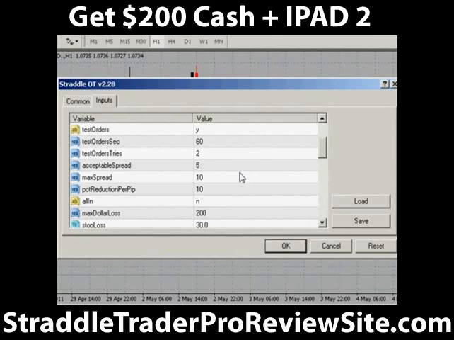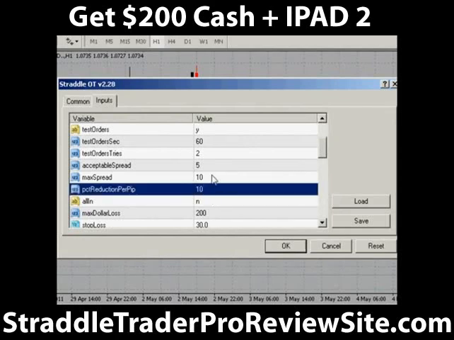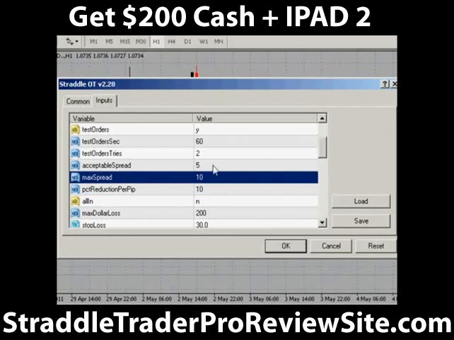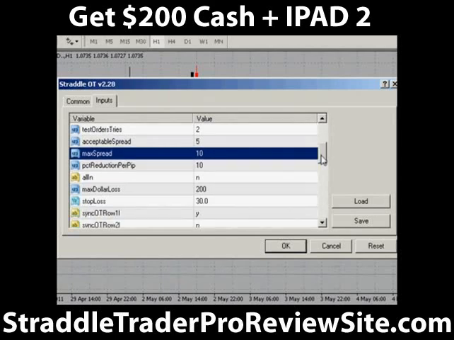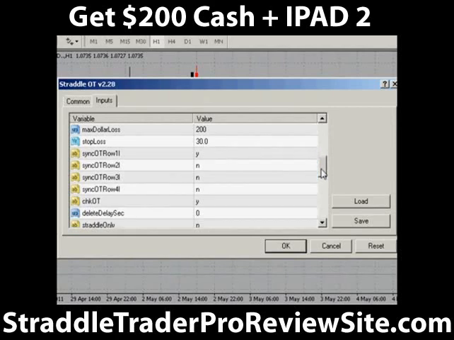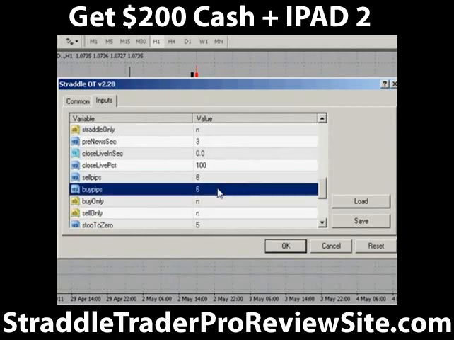And it does that on the fly right at the split second that it's entering the trades. Basically this is reducing your risk. You might be willing to put the max spread up to, say, 20. But you just don't want to trade the full amount if the spread grows that big. So it'll dynamically adjust your lot size based on the amount of risk that you want to take.